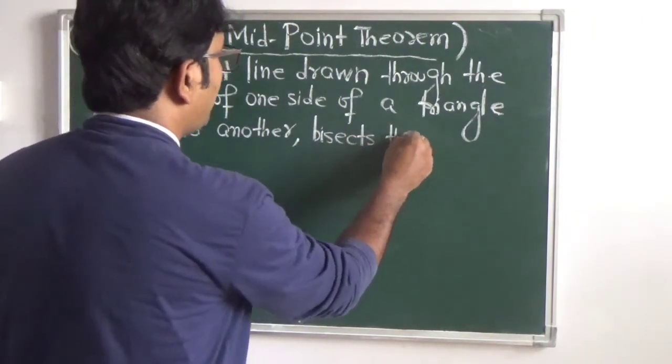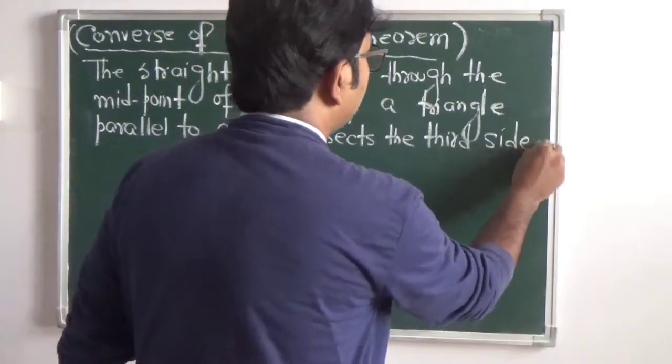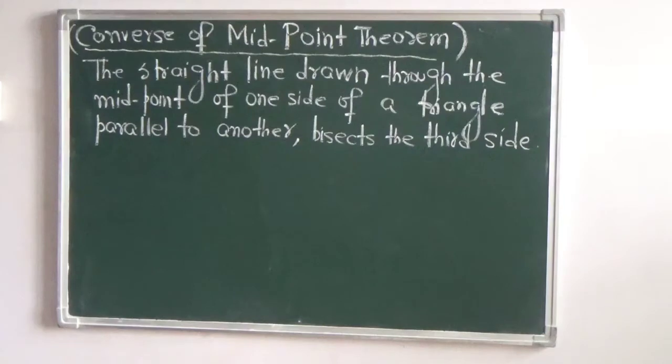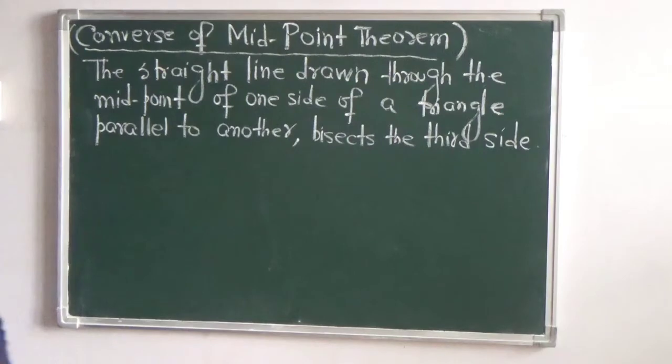So this is the definition of the converse of the midpoint theorem. The straight line drawn through the midpoint of one side of a triangle parallel to another bisects the third side.